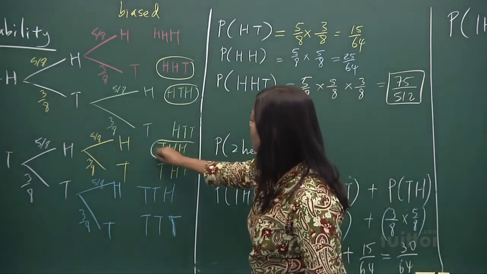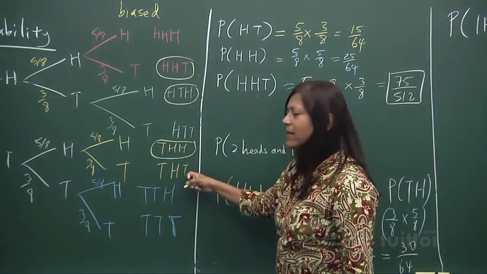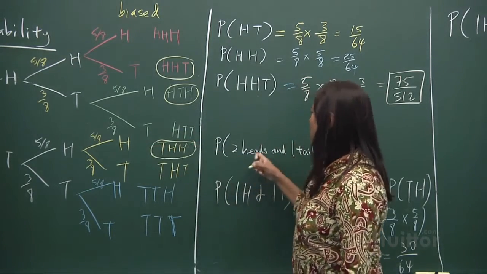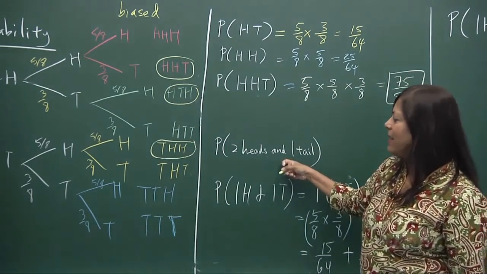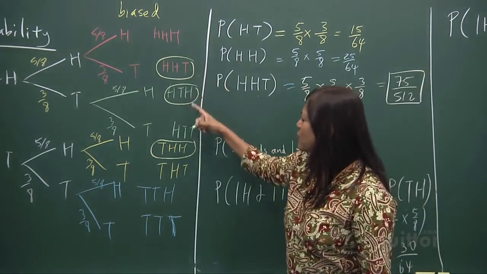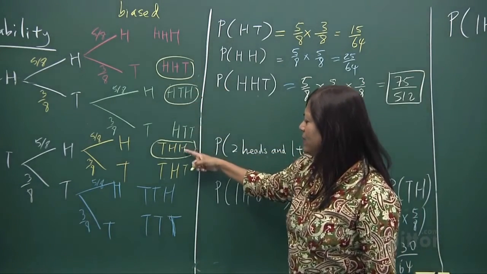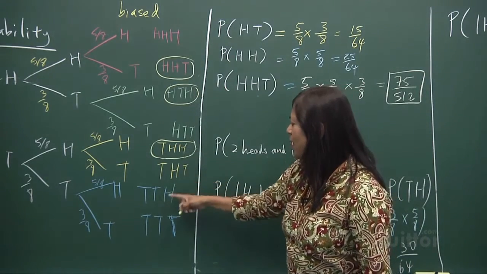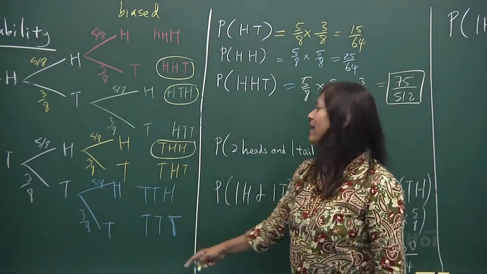No, 1 tail and 2 heads. Here is 2 tails. We want 2 heads and 1 tail. So here in these 3 outcomes, you have 2 heads and 1 tail. Here is all 1 head. And here, no head.